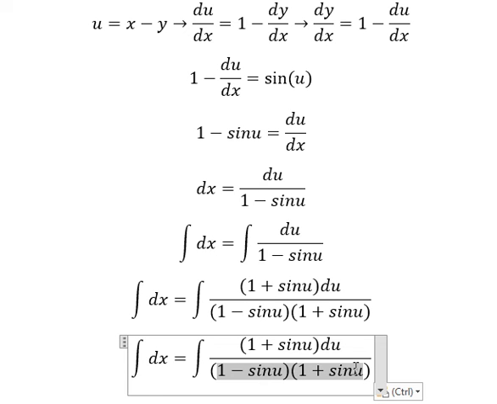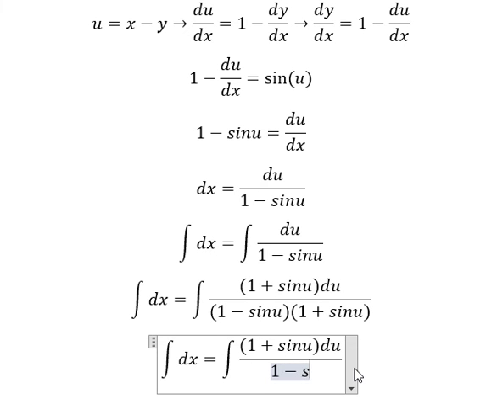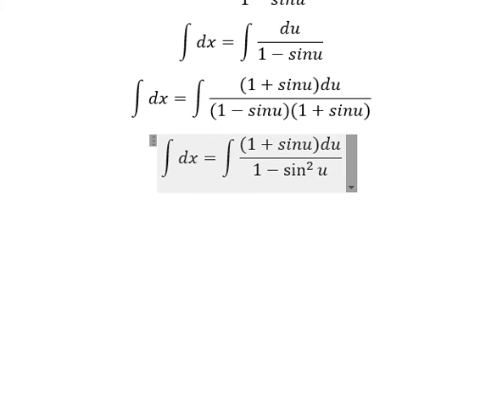This one we have 1 minus sin u squared. And now we have the formula in here.